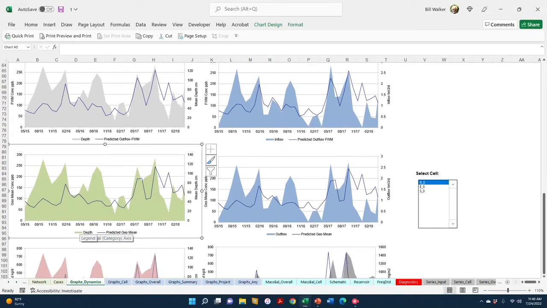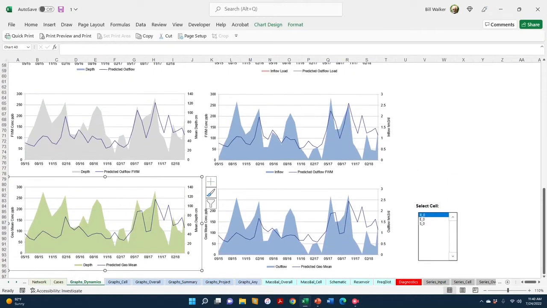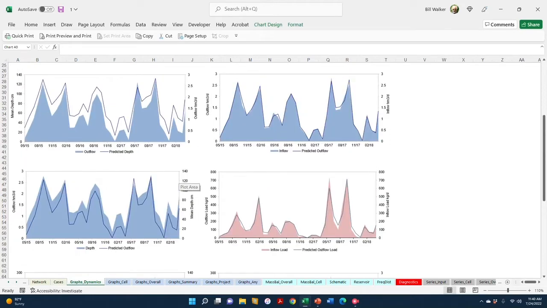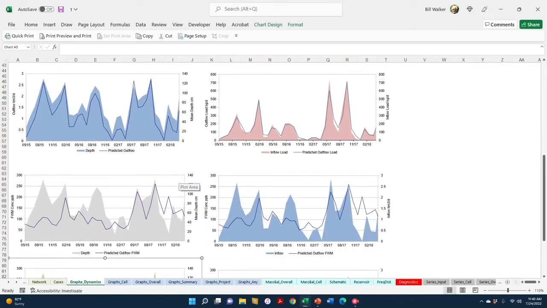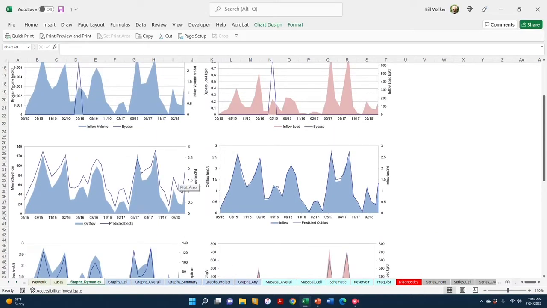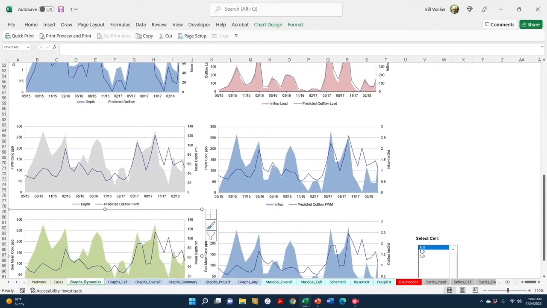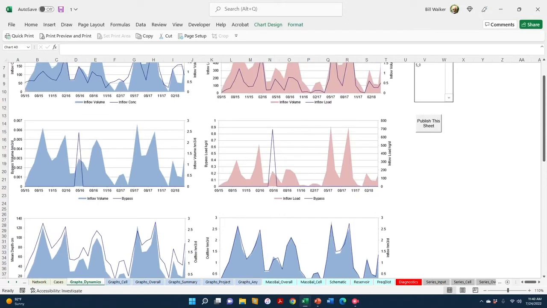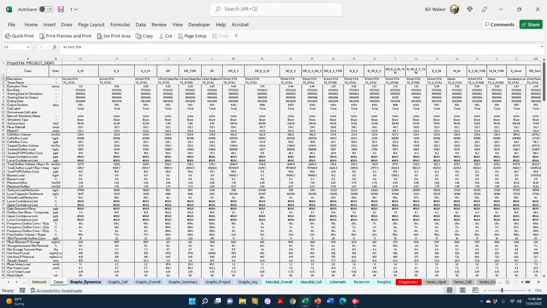Let's see the bypass. Anyway, we'll have to take a look at that one, because bypass is generated in March of 16. Well, I'll tweak that one.